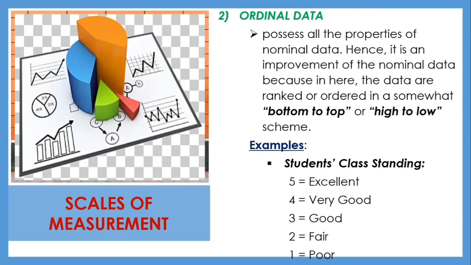Examples, students' class standing. So there is an order from a point scale of 1 to 5, where 5 is the highest and 1 is the lowest. So in this case, 5 is excellent, 4 is very good, 3 is good, 2 is fair, and 1 is poor. So we are just simply ordering our data.